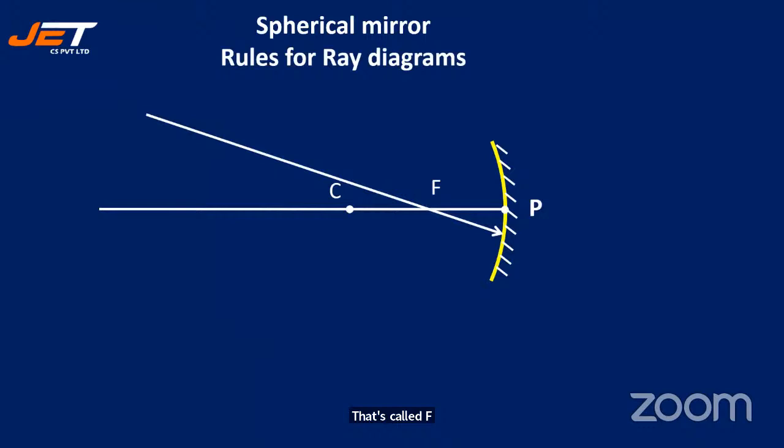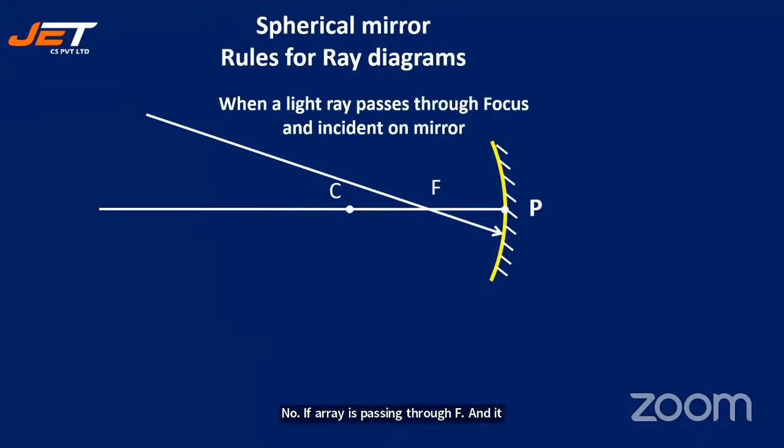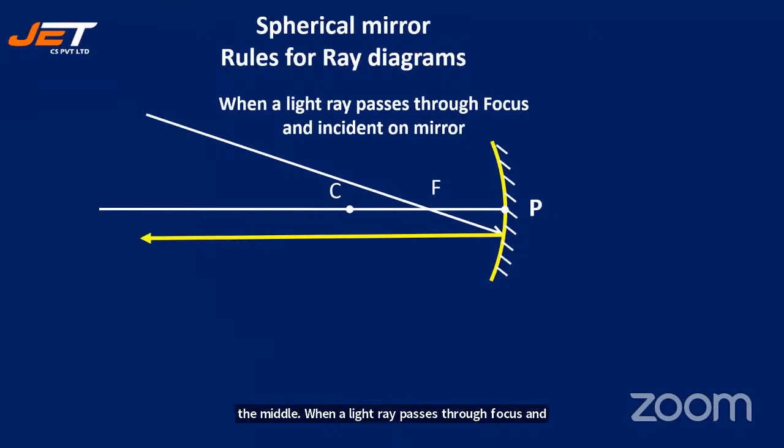Now, if a ray is passing through F and is incident on the mirror, when a light ray passes through the focus and is incident on the mirror, let us see how it gets reflected. This is how it gets reflected. It will get reflected parallel to the principal axis.